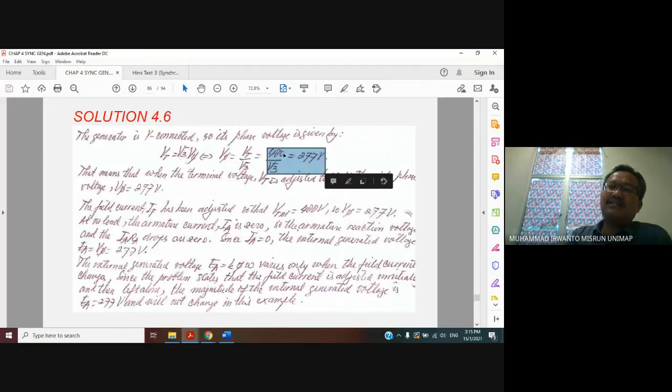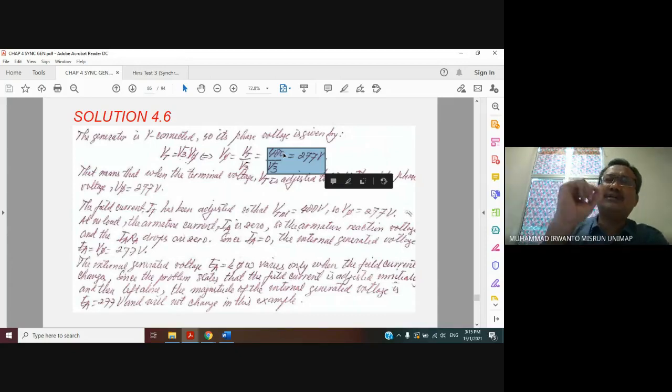This one is the phase voltage. From this phase voltage we can draw the phasor diagram and also the equivalent circuit.